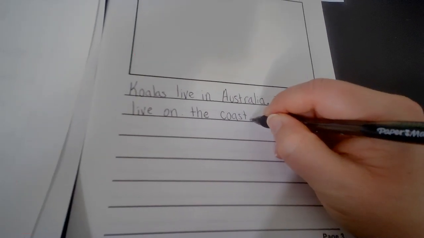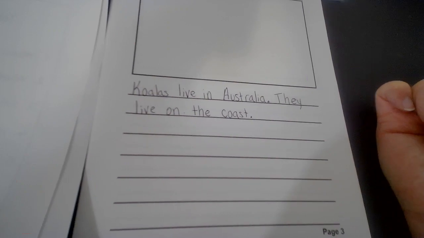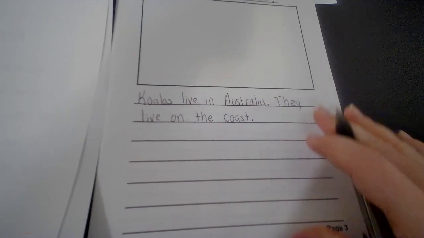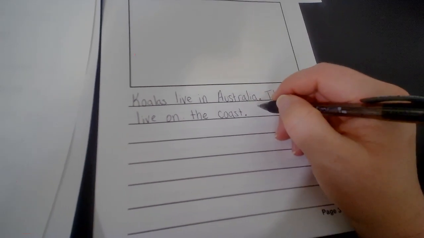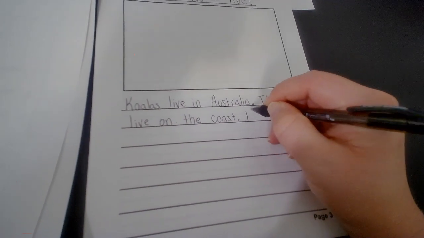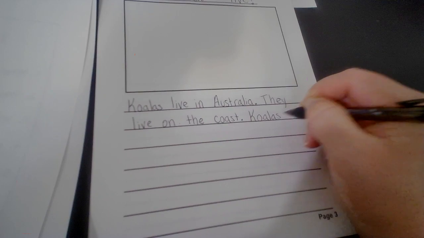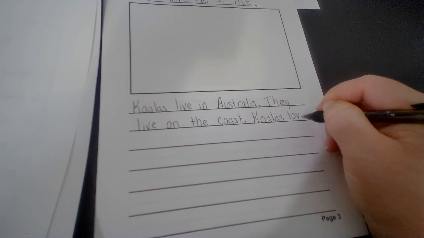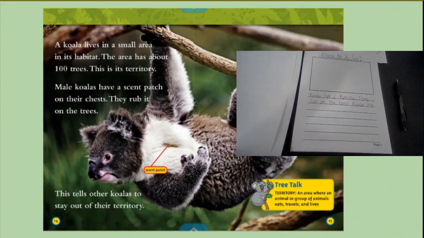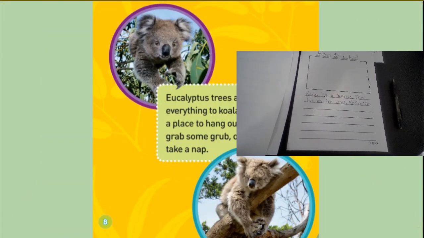A period. They live on the coast. I'm going to write koalas. Remember what kind of trees they loved? Koalas love, I'm going to go back and see eucalyptus trees.